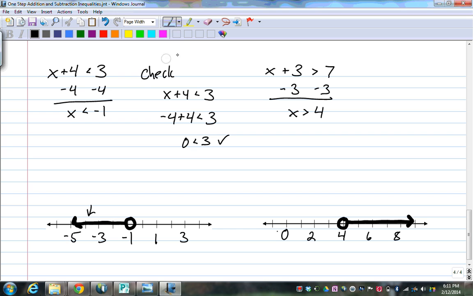And then my check step, pick something that satisfies the inequality, but first I'm going to write the original inequality as it was given to me. And it has to be larger than 4. So when I look at that, what would make the math really easy here? Well, 7 would. 7 plus 3 is 10. And then 10 is greater than 7, and it works.